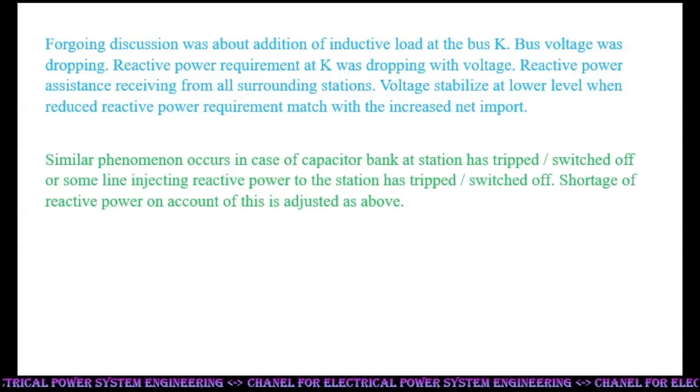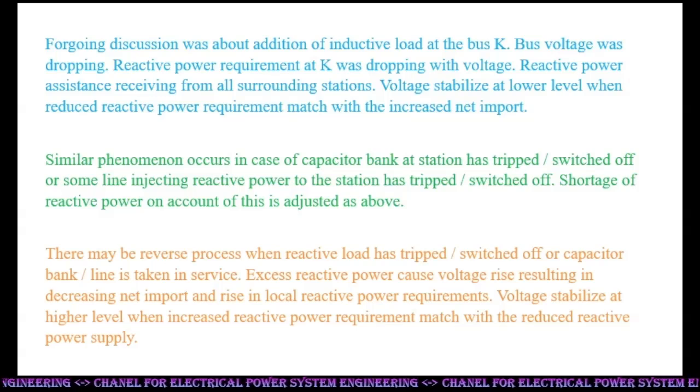A similar phenomenon occurs when a capacitor bank at the station has tripped or switched off, or some line injecting reactive power to the station has tripped or switched off. The shortage of reactive power on account of this is adjusted as above. There may be a reverse process when reactive load has tripped or switched off, or a capacitor bank or line is taken into service.